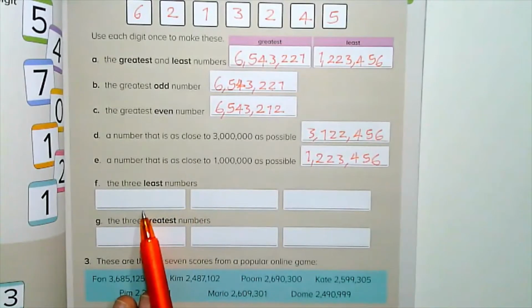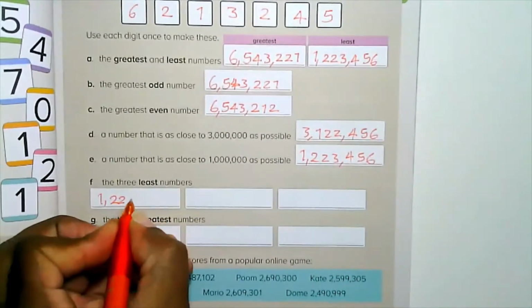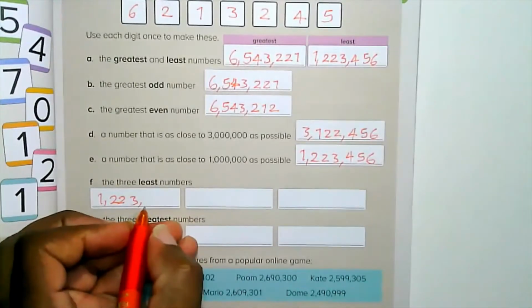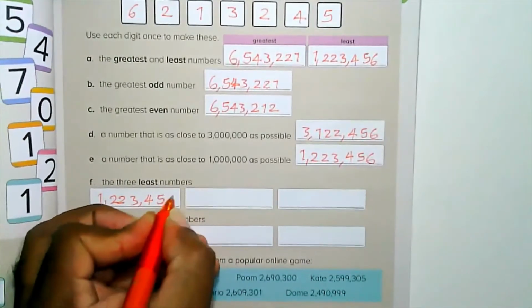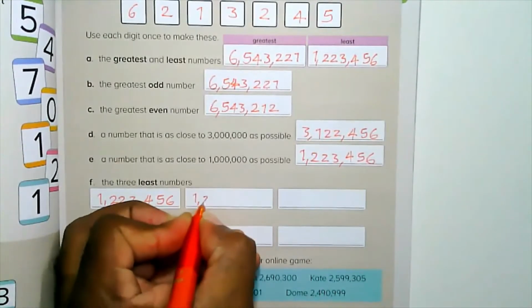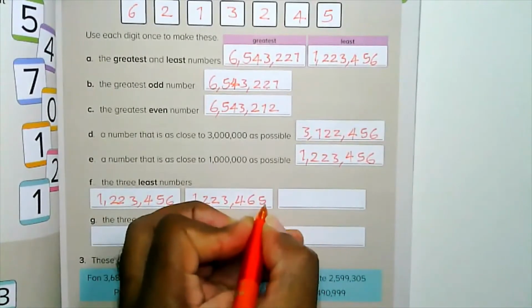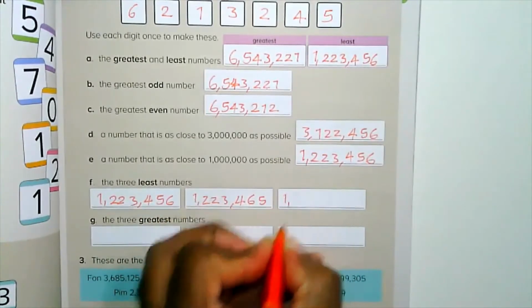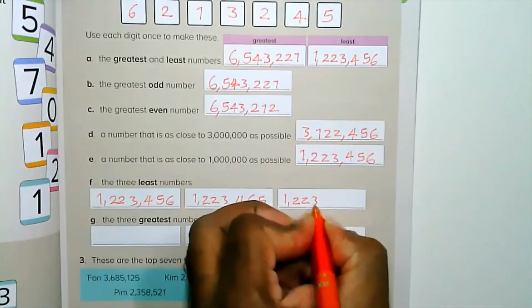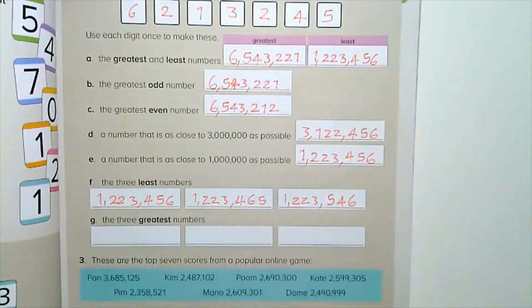Now, the three least numbers. Now let's arrange the three least numbers. So we will have 1 million, and the three greatest numbers.